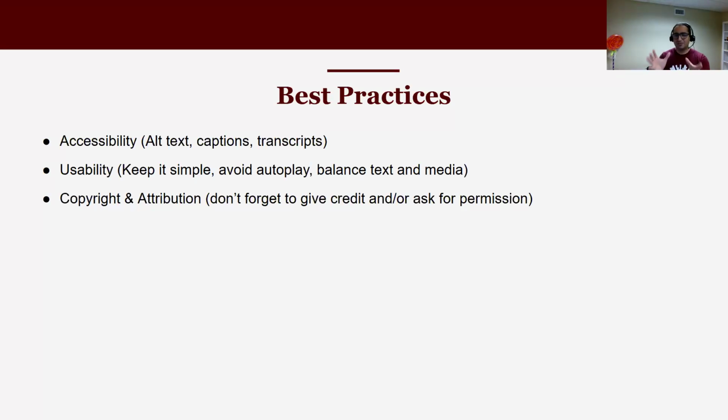Abrupt embedding or presentation of content may not be useful from a pedagogical perspective. There always needs to be a balance of text and media. And then also don't forget to give credit and or ask for permission for the embedded content.